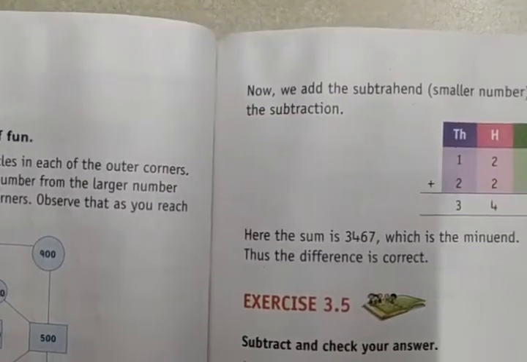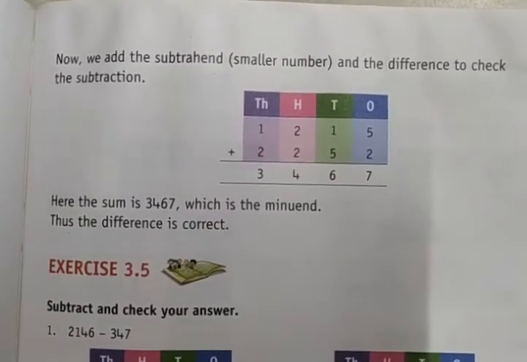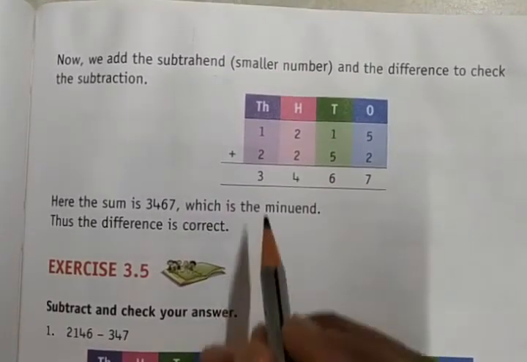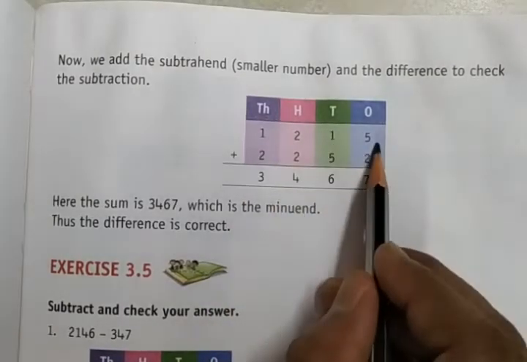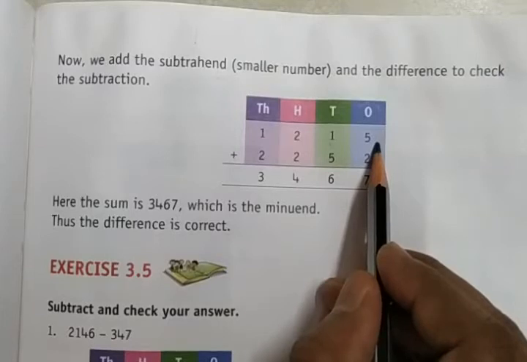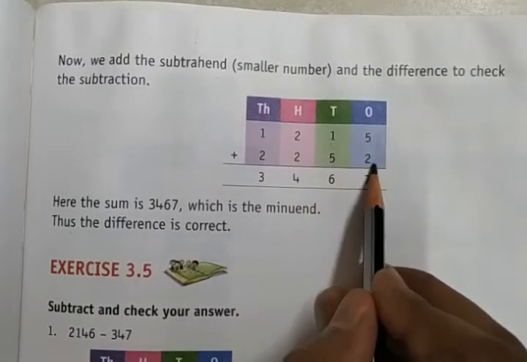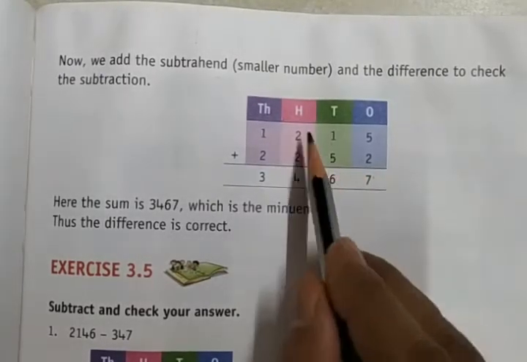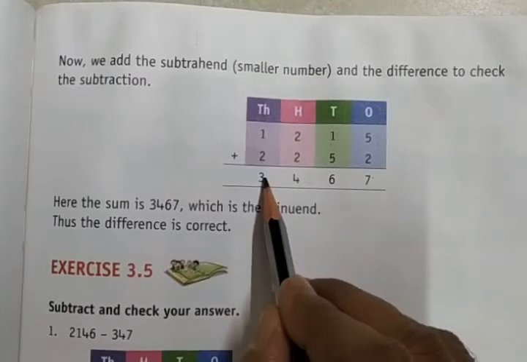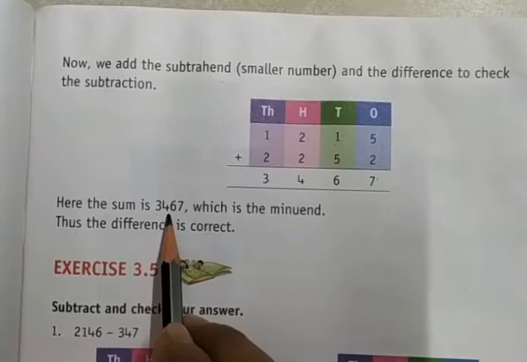Okay. So let's add the subtrahend and the difference. 1215 is the subtrahend and the difference is 2252. If you add, this will become 7, this will become 6, this will become 4, and this will become 3. Here the sum is 3467. It's the same here.